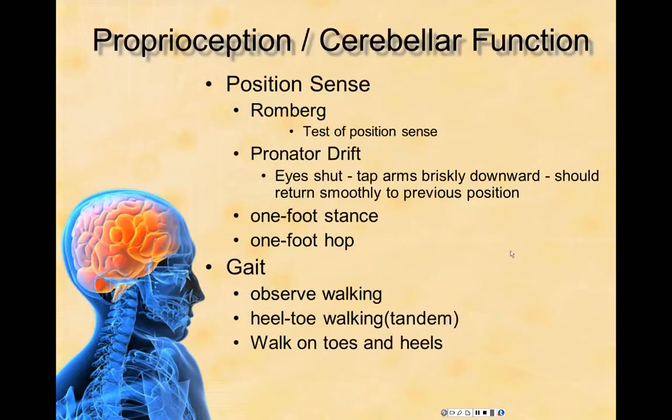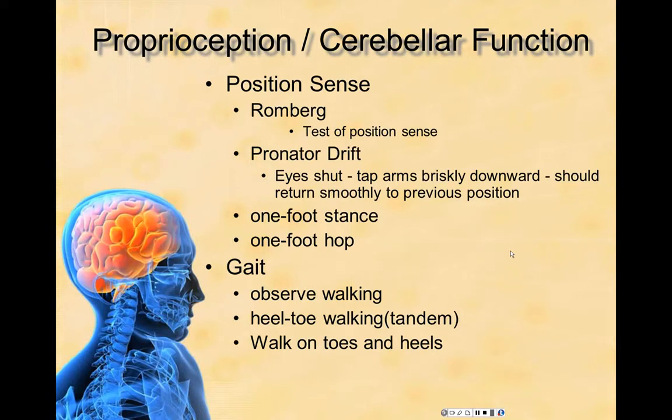We test proprioception or cerebellar function with the Romberg test, which tests the position sense. Pronator drift is done by having the patient shut their eyes and hold out their arms in front of them, and you tap the arms briskly downward and see if they return back to where they were in position smoothly.